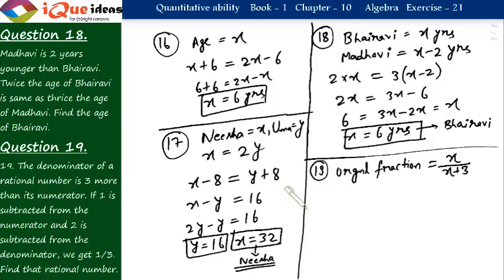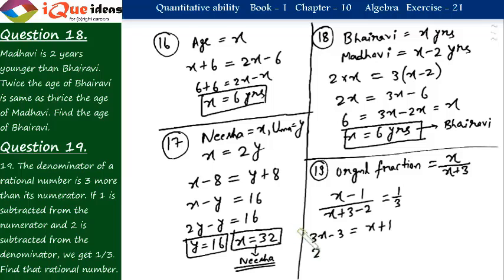Now, the question says if 1 is subtracted from the numerator, so X minus 1, this is the new situation, and 2 is subtracted from the denominator. So denominator was X plus 3 minus 2. The new fraction is equal to 1 by 3. If you simplify, you will get 3X minus 3 equal to X plus 1.